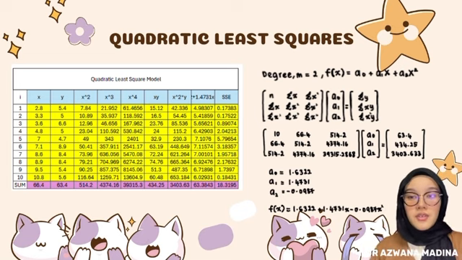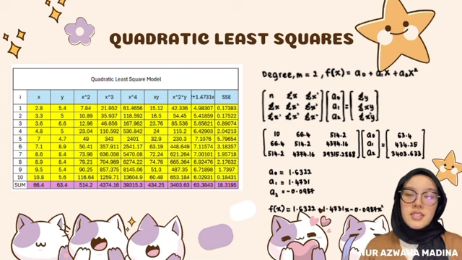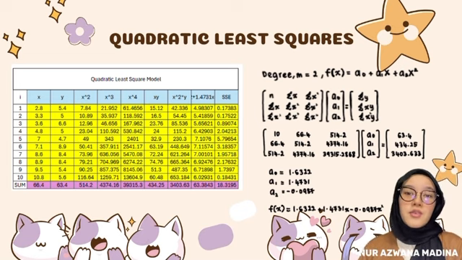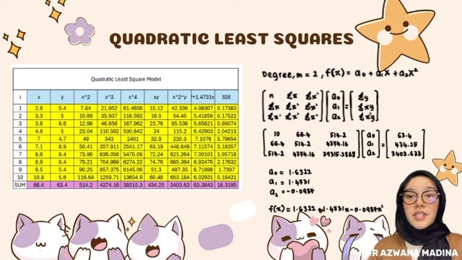So let's start with the quadratic model, which has the general form f(x) = a0 + a1x + a2x squared. By using the normal equation as shown, we set up and solve the system by using the matrix as shown here.